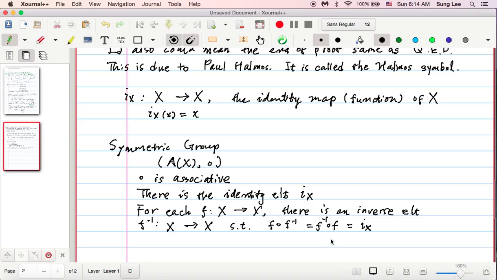So A of x with functional composition satisfies all the axioms of a group. So it is a group, as you can easily see.